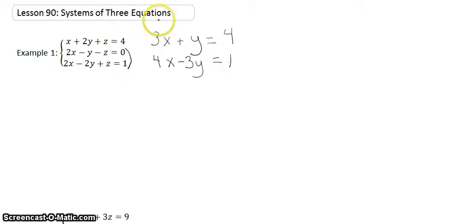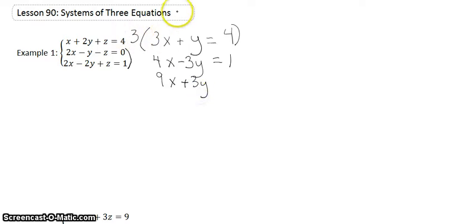Okay? And then at this point, I can decide to use either substitution or elimination. I'm going to go ahead and use elimination again by multiplying the top equation by 3, and then my y's will have the same number in front, but with opposite signs. So I'll have a 9x plus 3y.